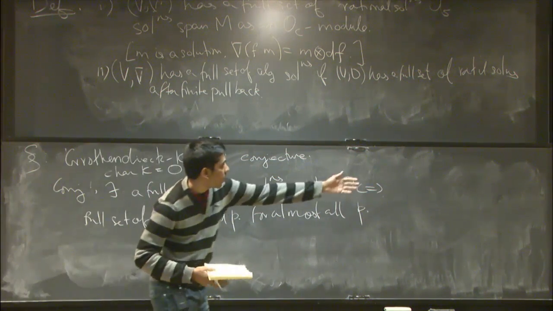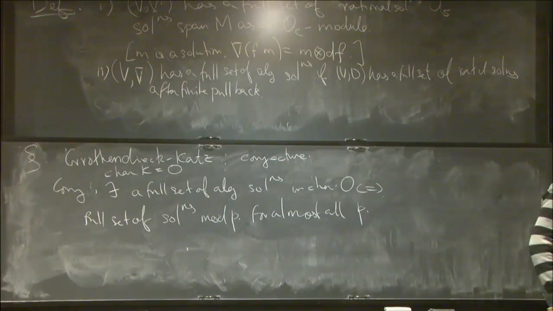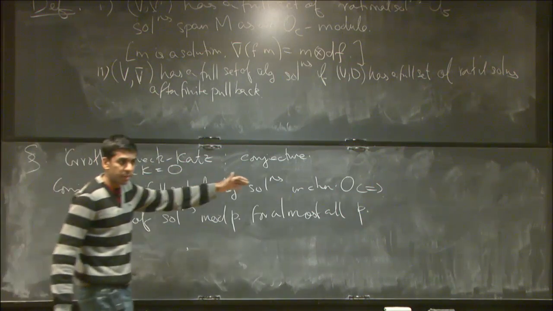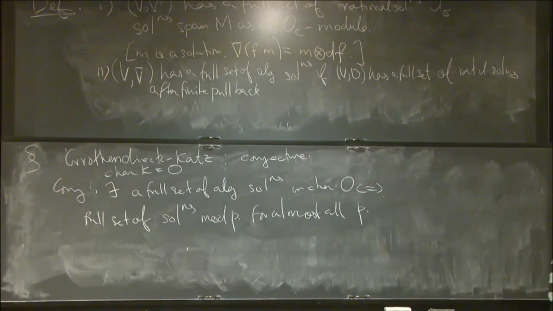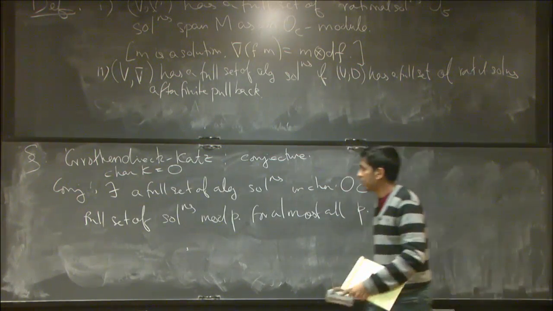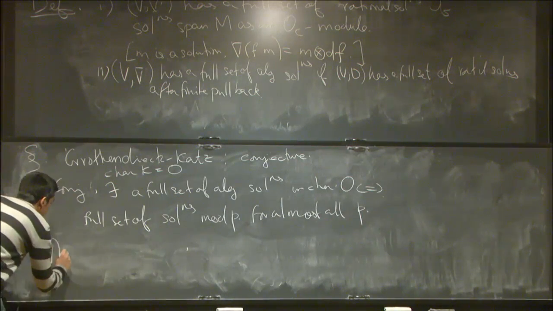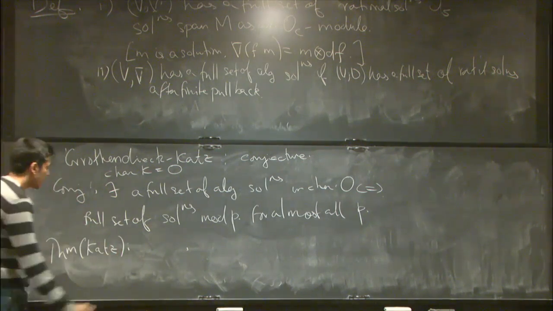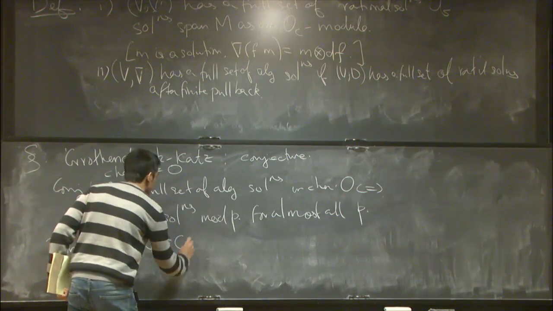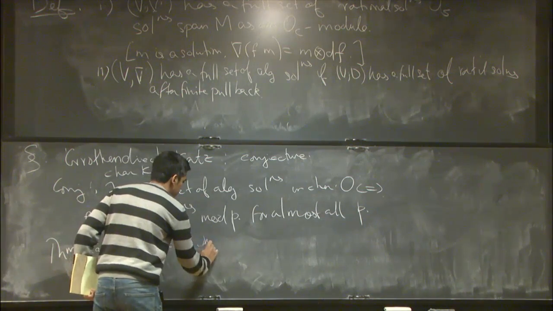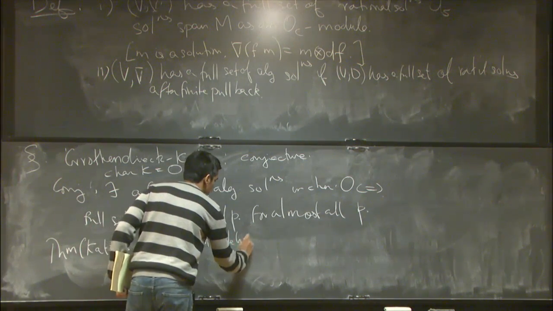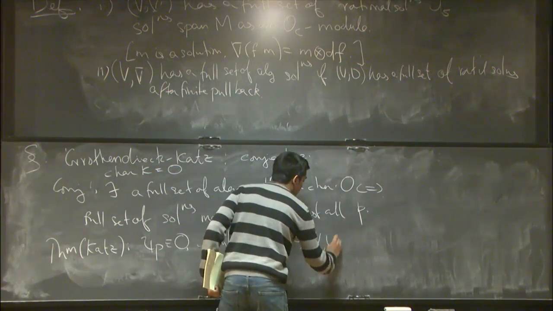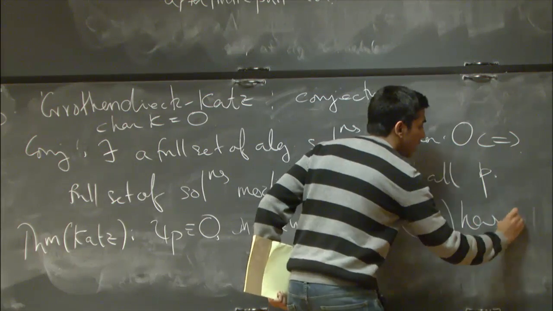By what was written earlier, saying that you have a full set of solutions in characteristic 0 is the same as saying that your monodromy representation is finite and you have regular singularities. And it's the theorem of Katz that says that if your p-curvatures vanish for infinitely many primes p, then your vector bundle with connection has regular singularities.